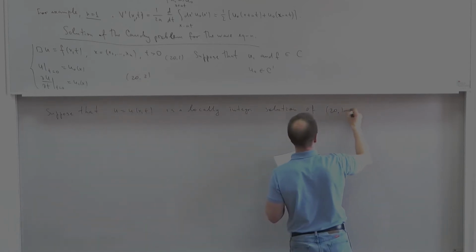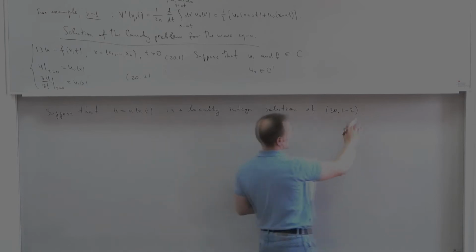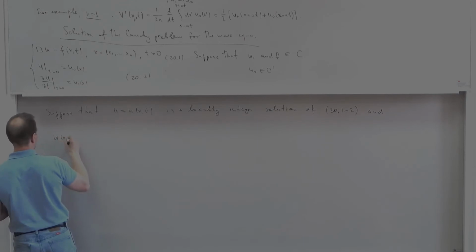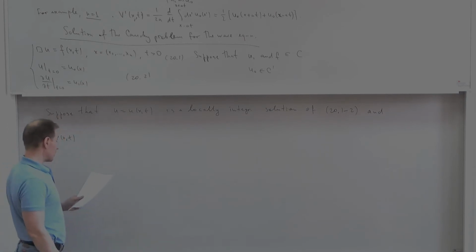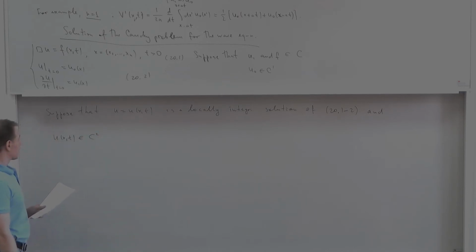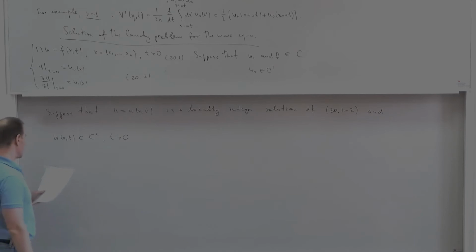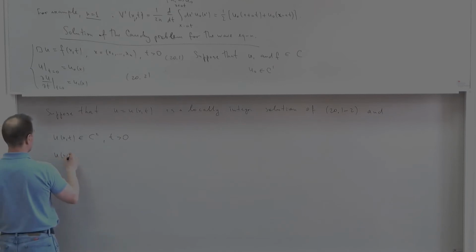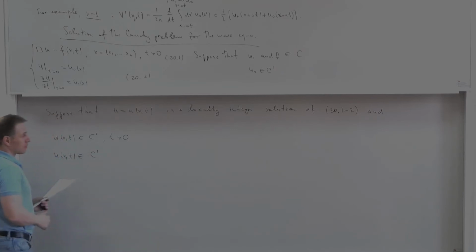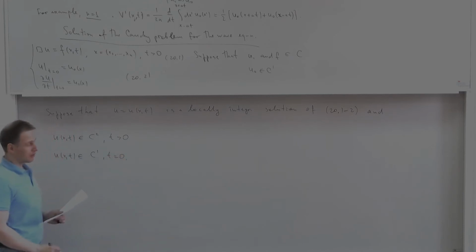Solution of the Cauchy problem. And U of x and t is continuous up to its second derivatives for when t is greater than 0, and it is continuous with its first derivative for when t is equal to 0.